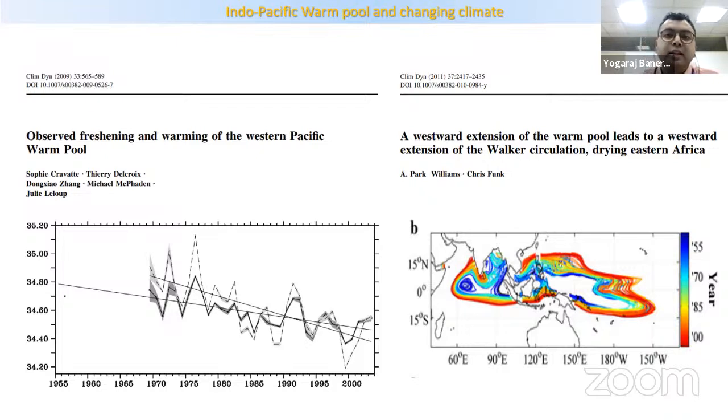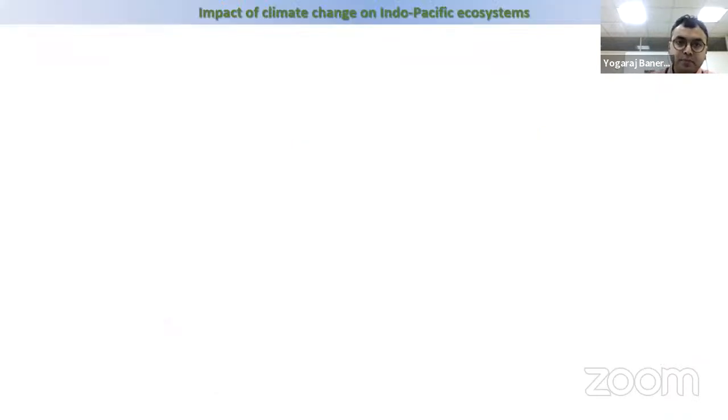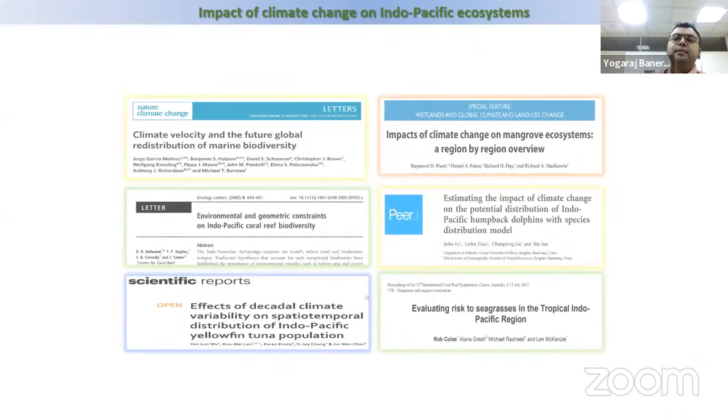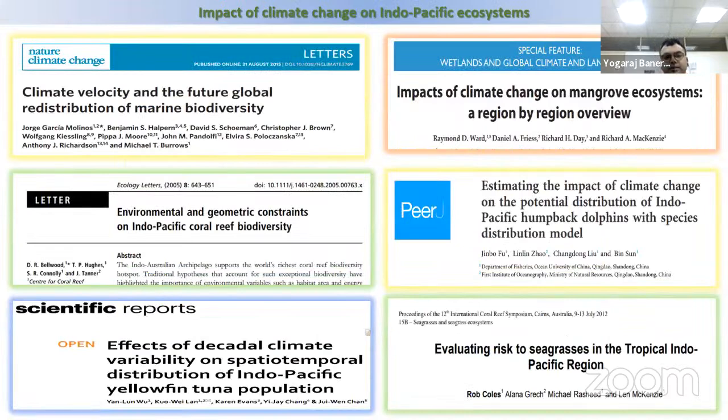So there are several other studies presently going on documenting the impact of more present-day climate change on the dynamics of the Whirlpool region. As a result of these changes, it is affecting the biodiversity and the ecosystem of the Whirlpool region.